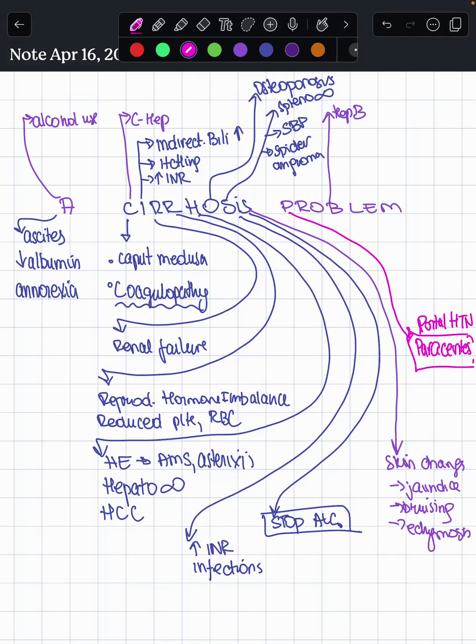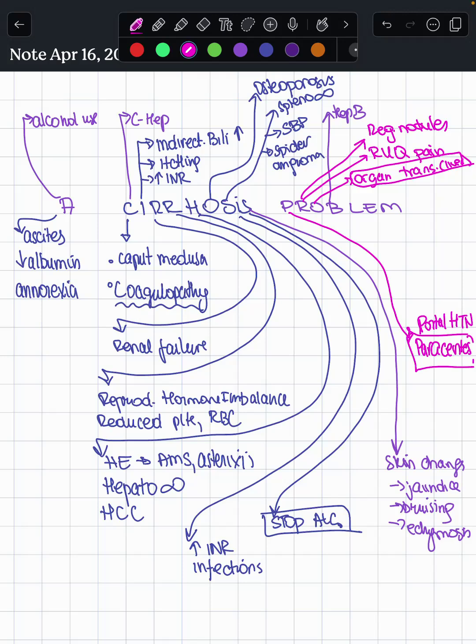Okay, now R here will stand for regenerative nodules, which is a sign of the liver trying to maintain its function. And then R will also show us the right upper quadrant pain. This is where we can expect the patients to have pain with cirrhosis. O will stand for organ transplant, and of course that's going to be liver transplant. We want to get the liver transplanted as one of the main treatments for these patients.